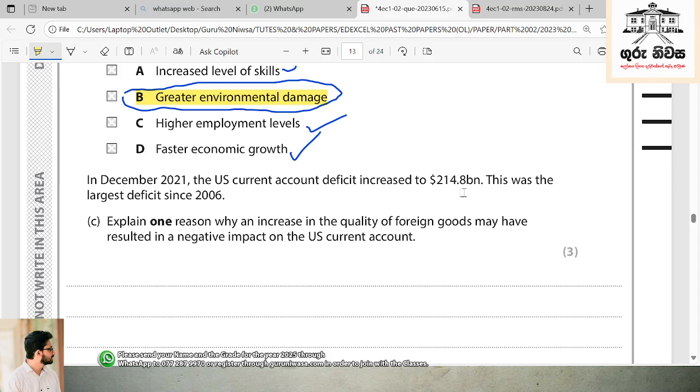How does a current account deficit occur? When you're spending more than you have. The current account deficit belongs to exports and imports. Remember, not the income and spending of government or families or businesses.